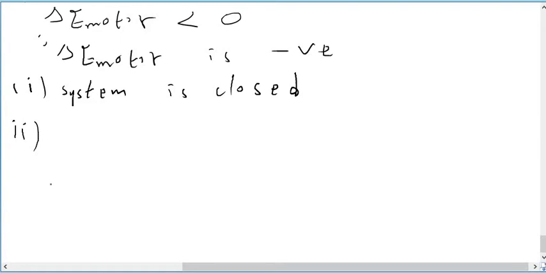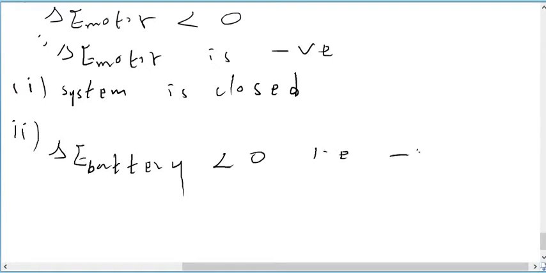The battery has the same characteristic properties as the motor, since they are all in the system. So if we take the battery as a system, nothing will change. Therefore the change in energy of the battery is less than 0, that is negative.